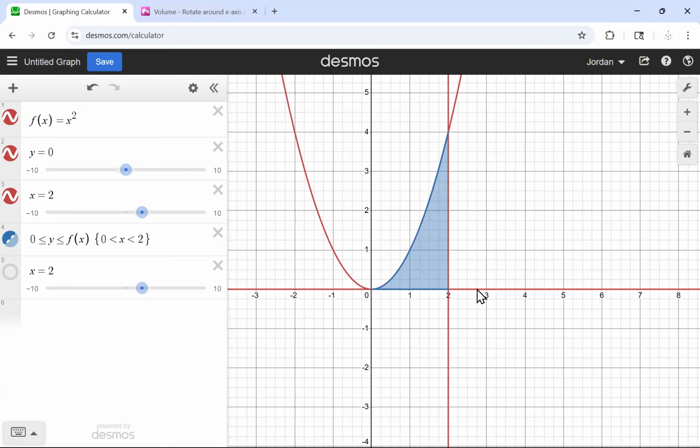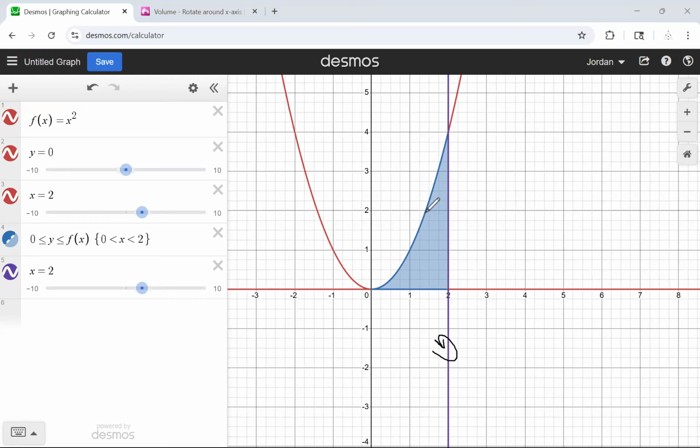And then we're rotating it around the line x equals 2. That's the line right next to the region, like adjacent to the region. So we want to rotate that region around that vertical line.